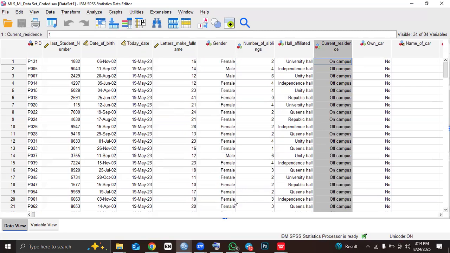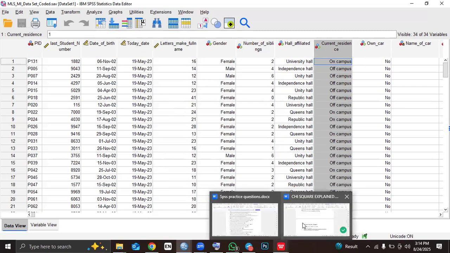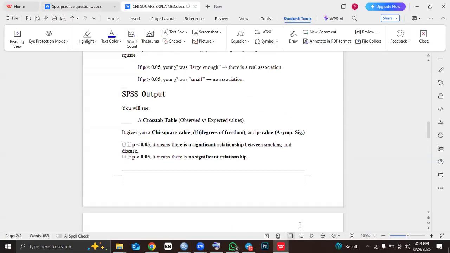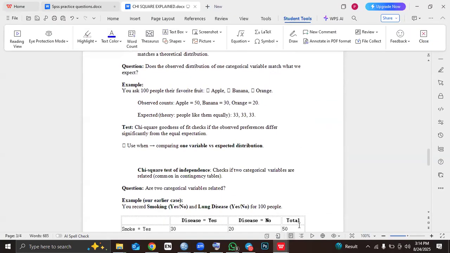Now, remember in our previous video, we said in order to run the chi-square goodness of fit test, we would have to compare one variable.